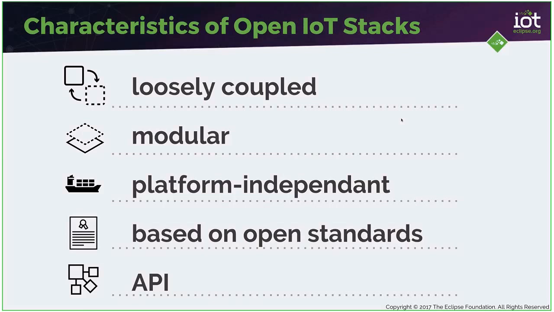Modularity and independence as well of the underlying platforms. I was mentioning the hardware abstraction layer for constrained devices. That basically means ideally we can run our constrained applications indifferently on ARM and on Intel, maybe, but it should be the same for the cloud as well. If you start developing cloud modules against your open IoT cloud microservices, you should be able to move from Amazon to Google Cloud to private cloud, ideally without any issue at all.